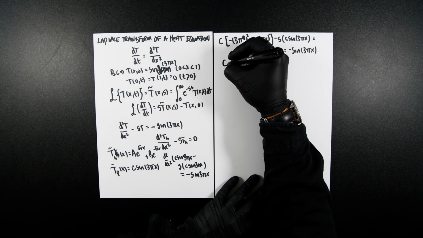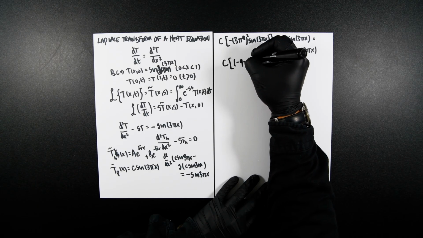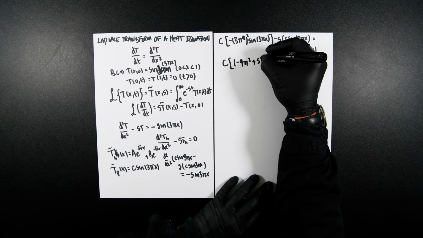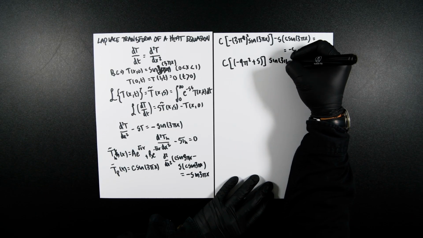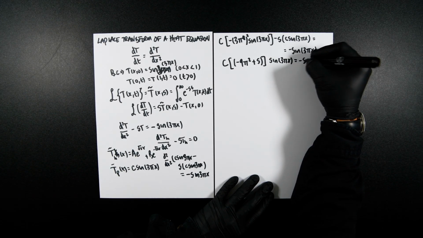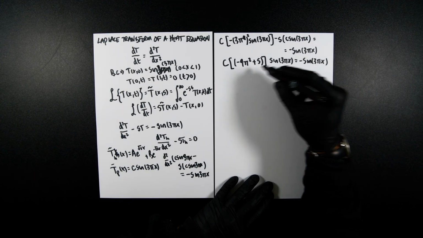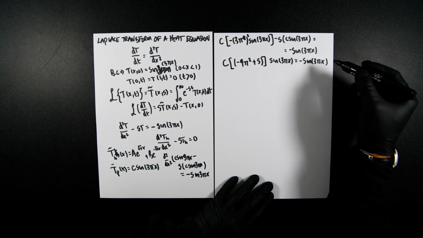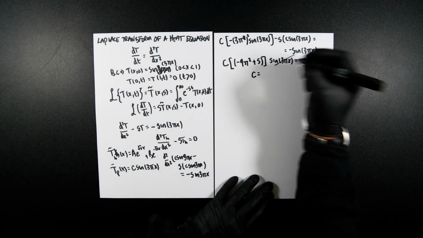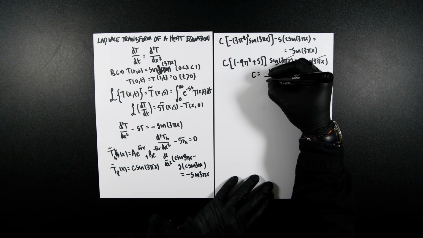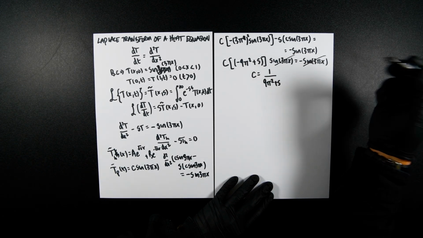We can now clean up even further. So you're going to get C times minus 9 pi squared plus s, sine 3 pi x, which equals minus sine 3 pi x. But guess what? We can obviously divide both sides by sine 3 pi x, and that's going to disappear. So therefore, C is going to be 1 over 9 pi squared plus s. There's a minus there, bada bing, bada boom.